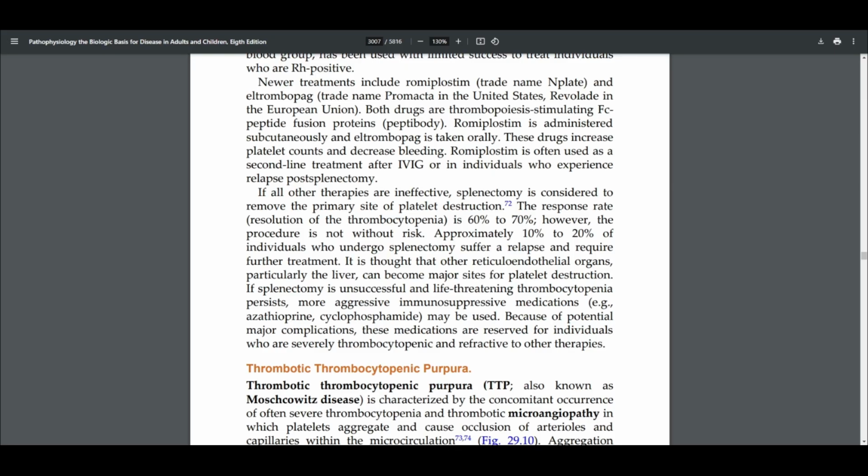It is thought that the reticuloendothelial organs, particularly the liver, can become major sites for platelet destruction. If a splenectomy is unsuccessful and life-threatening thrombocytopenia persists, more aggressive immunosuppressive medications must be used. Because of potential major complications, these medications are reserved for individuals who are severely thrombocytopenic and refractory to other therapies.